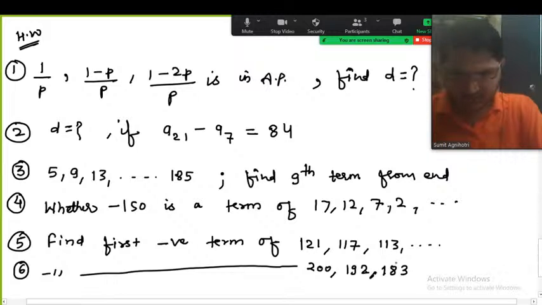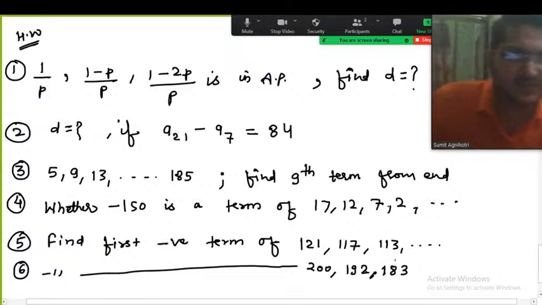First you figure out whether it is an AP or not.